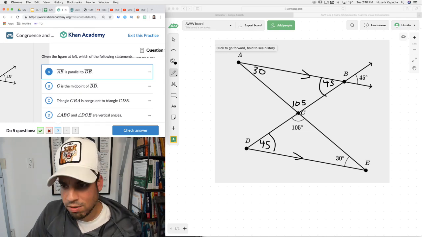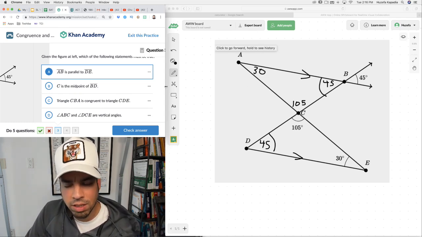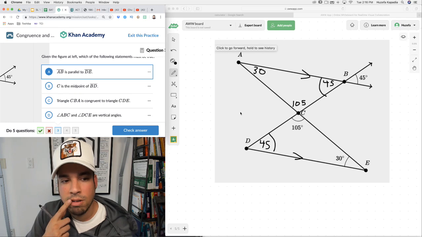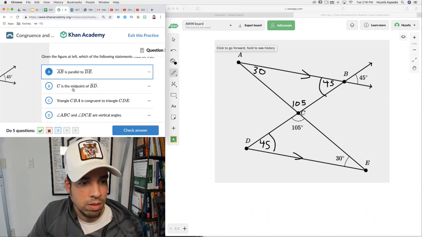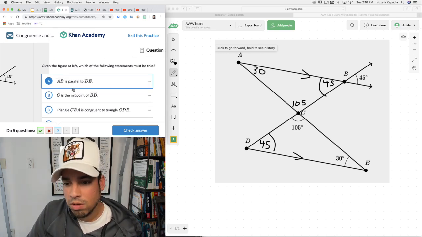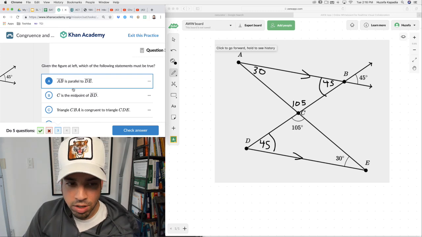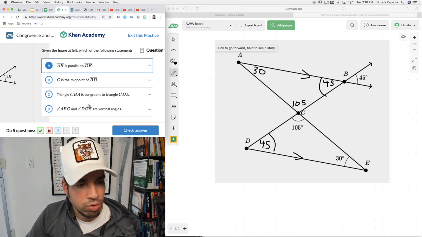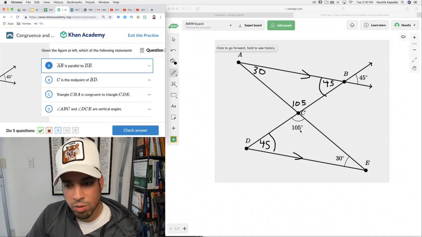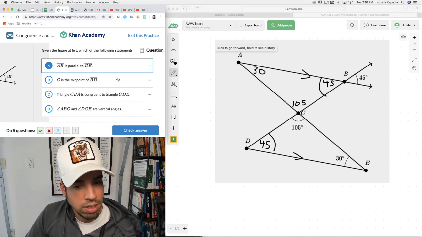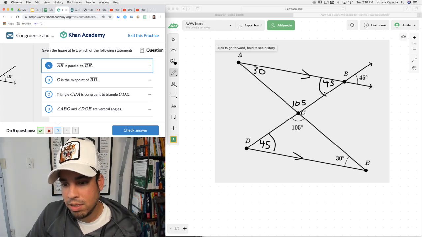C is the midpoint of BD. No reason to think that. Wait a minute. Actually, oh no, these two triangles are similar. They're not congruent. So no, we don't know that's true. Triangle CBA is congruent? No, we know they're similar because of the angles. We don't know anything about the sides. ABC and DCE are vertical?